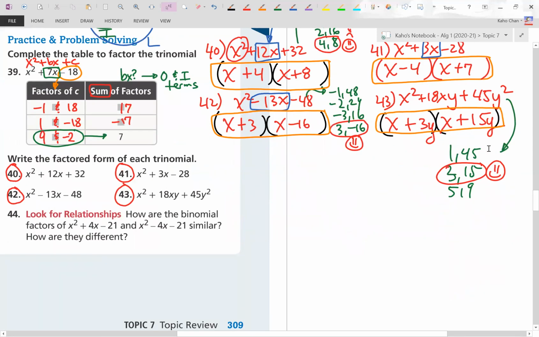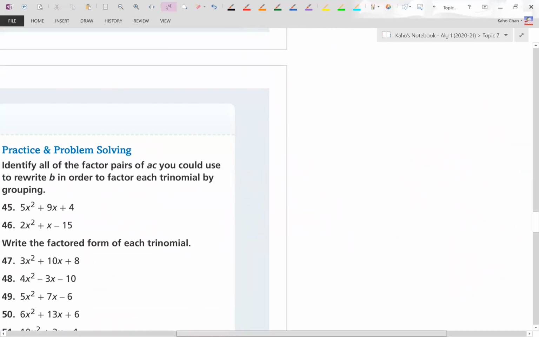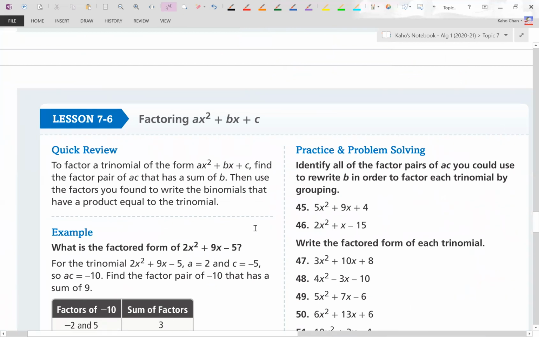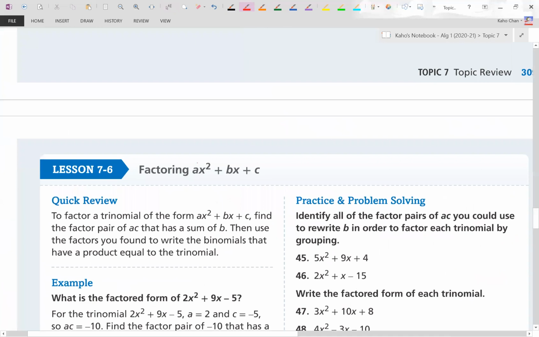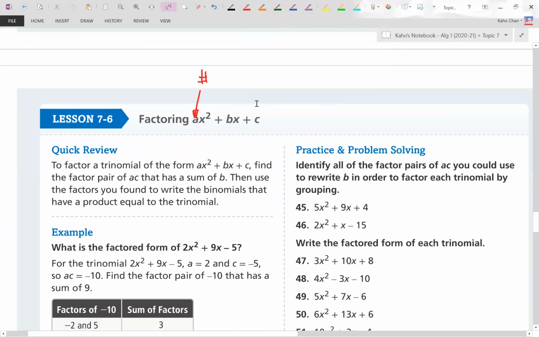Let's jump to 7.6. The heart of the chapter. This is one of the main methods of this time. It's just like 7.5, but a is not 1. It's some other number, which makes this process a lot harder. What I'm going to do for this section is teach you guys the AC box hybrid method, okay?